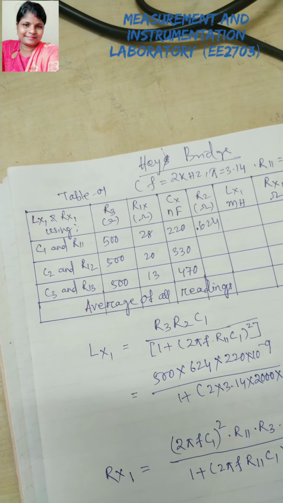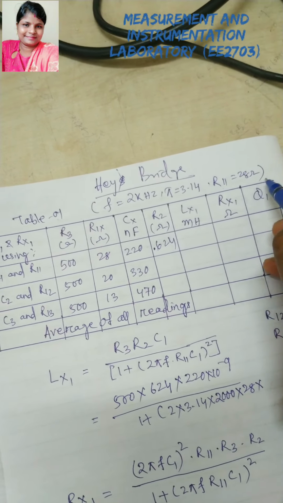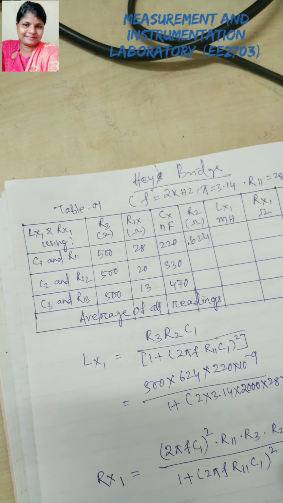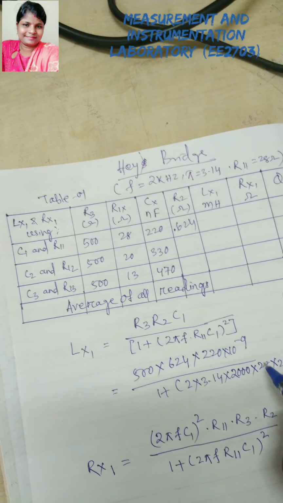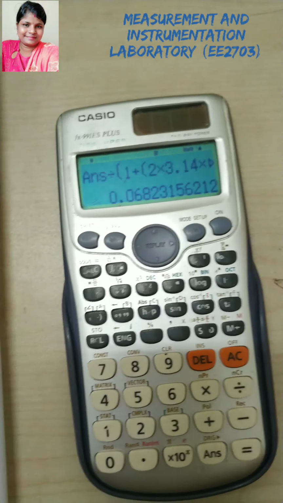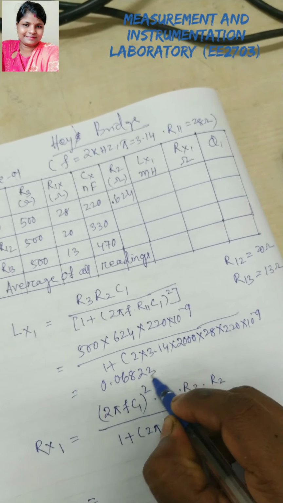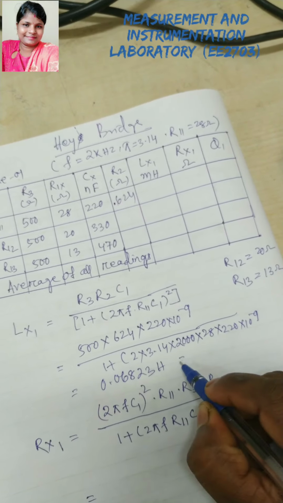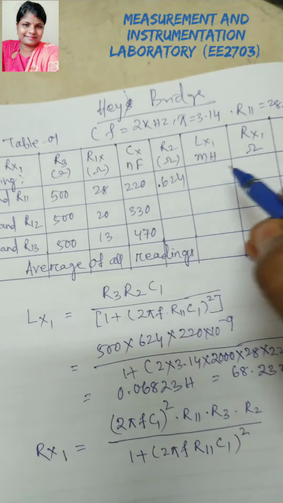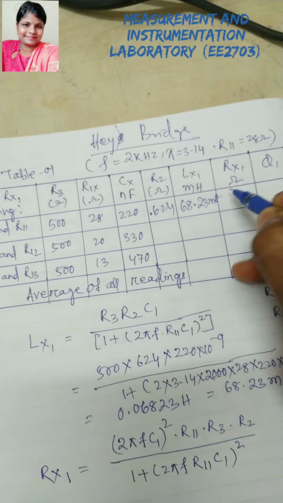R11 is 28 ohm, given. So calculating this, LX1 is 0.06823 Henry, that is 68.23 milli Henry. You have to write here 68.23 milli Henry.